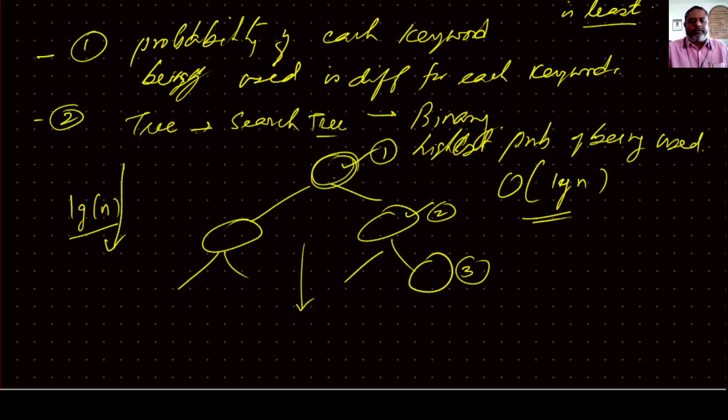So a large number of times this is used, therefore in one step you get the answer, and deep down you can use the one which is least probable of being used.